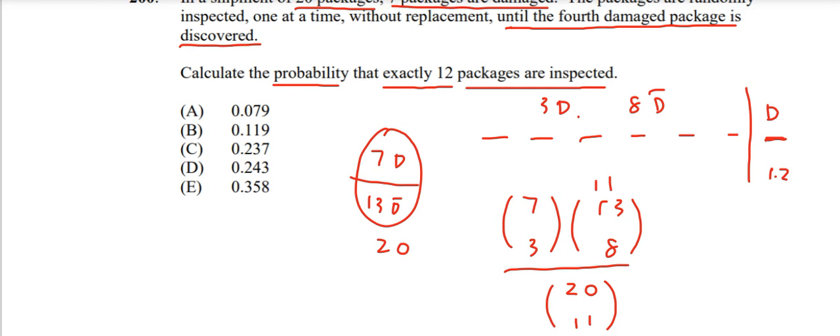The order doesn't matter, right? So this guarantees that from these 11 we have only 3 D's. Now we pick one more. After picking 11, by now we have 9 left. We guarantee this one is D. So among these 9, how many D's? We have 4 D's, right? Yeah.